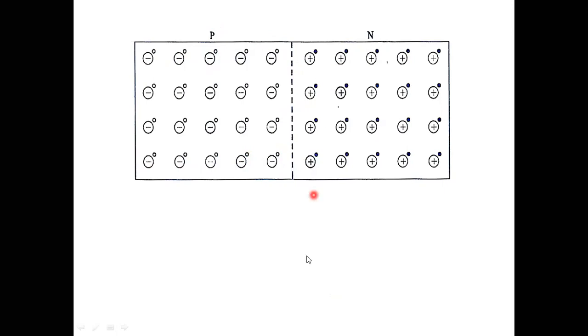The concentration of electrons is very high in n-type. Keep in mind that the electron concentration in the n-type of a Zener diode is higher than in the n-type of a PN diode.